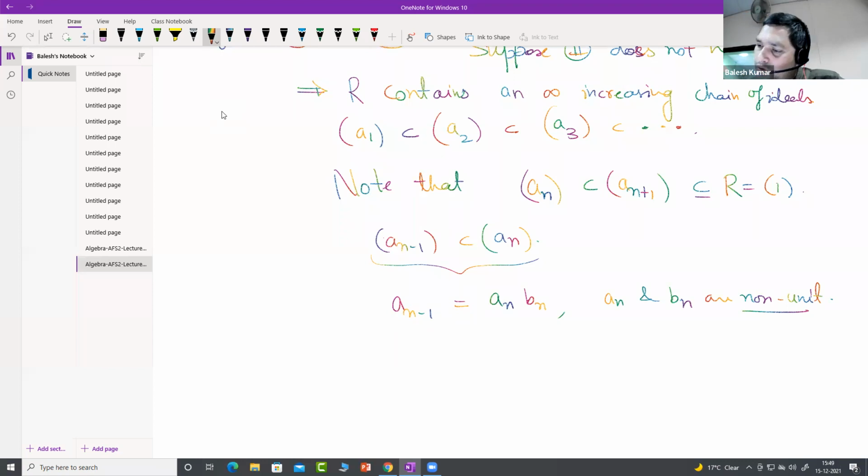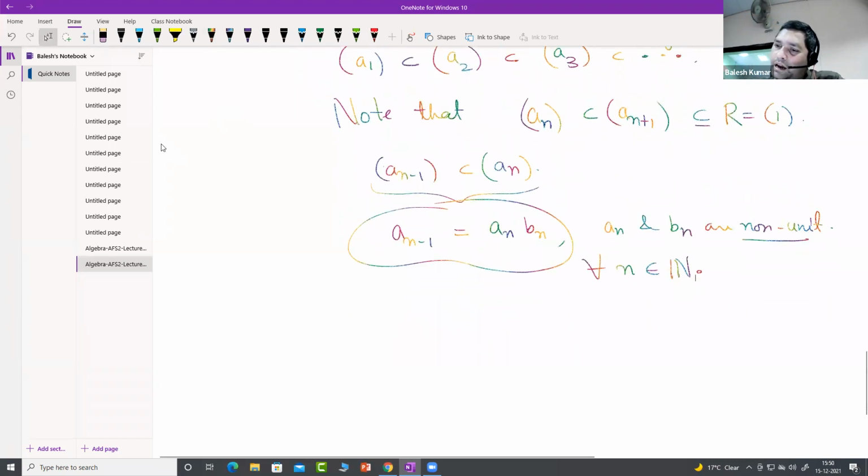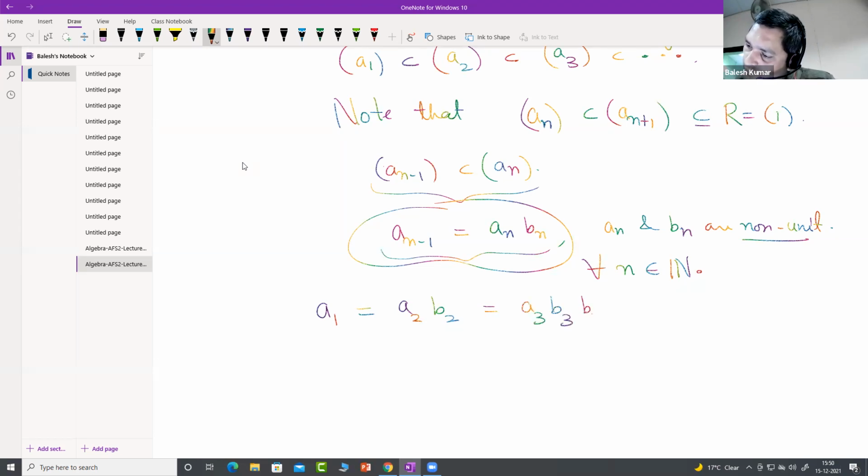Yeah. And so this is true for every n inside the set of natural numbers. If you try to write A1, for example, A1 can be written as A2 B2. Now by this again, if we apply this, we can write A2 as A3 B3, then B2.